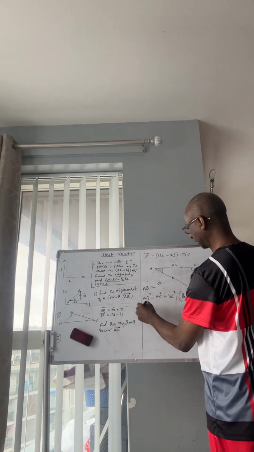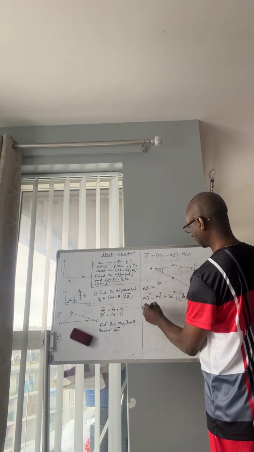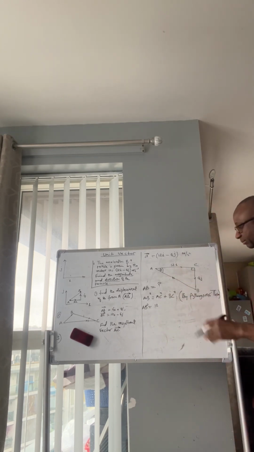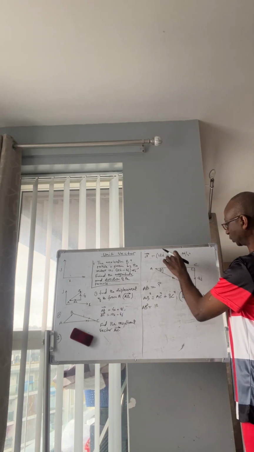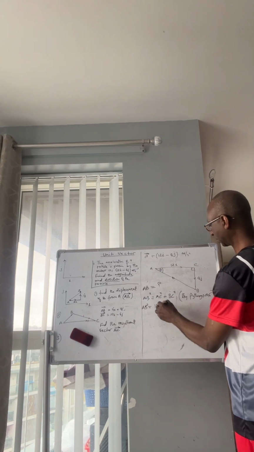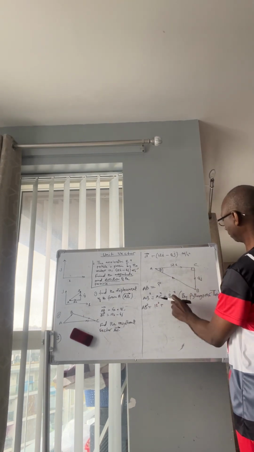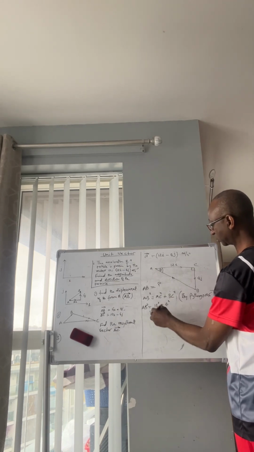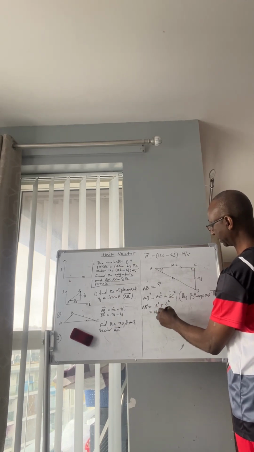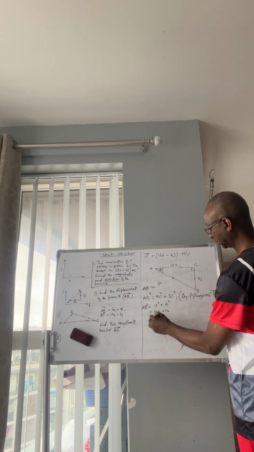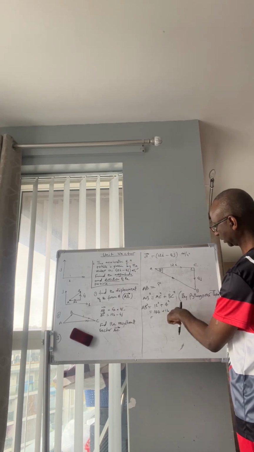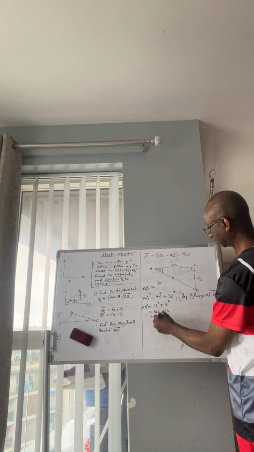It means AB squared is equal to AC squared, which is 12. Forget about the i, you're just looking at the units. 12 squared plus BC squared, which is 4 squared. 12 squared is 144, plus 16, this gives you 160.